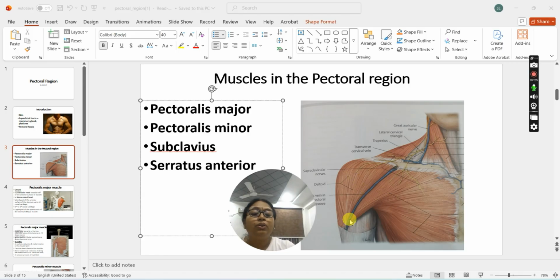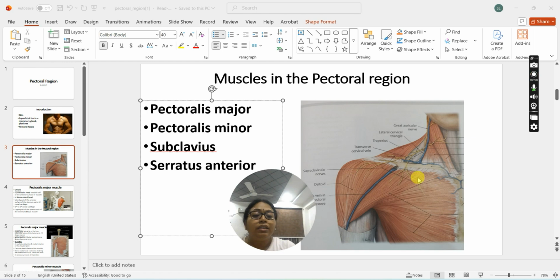The deltopectoral groove contains a superficial vein called the cephalic vein. What you are seeing in the blue color is a vein in the superficial fascia of the upper limb. It's called the cephalic vein. About its formation, termination and all, I'll tell you later in this video itself. Okay, done. So this is the pectoralis major.